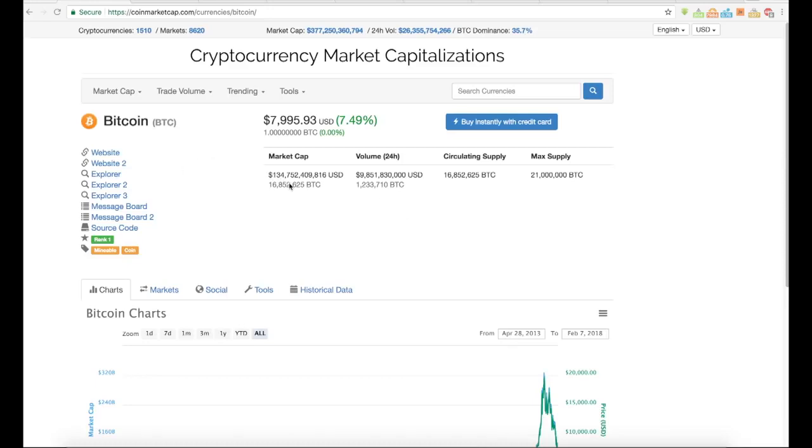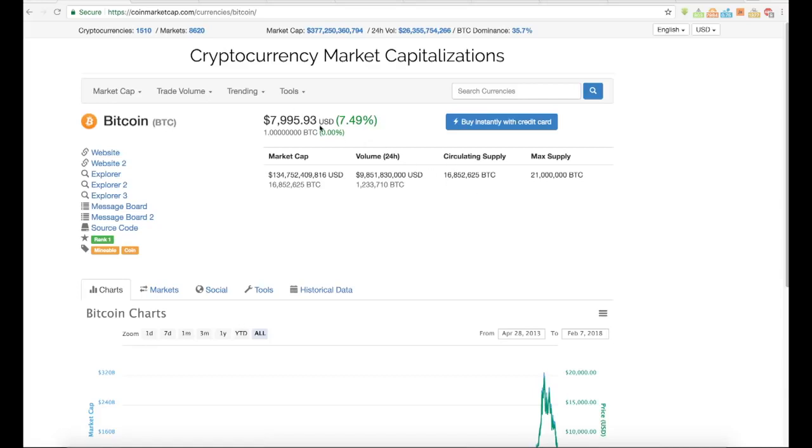So the market capitalization for Bitcoin, right? The way you get this number, and a lot of you probably already know this, you take the circulating supply and you multiply it by the price: $7,995 times 16,852,625.